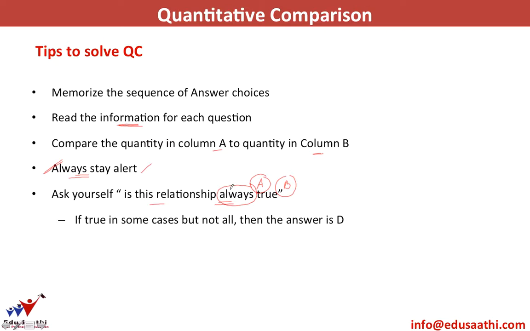If the relationship is not always true, or I should say, if it is not consistently true, then my answer option would be D. If it is true in some cases but not all the cases, then my answer option would be option number D, because I'm unsure about the relationship. There's uncertainty involved in the relationship.